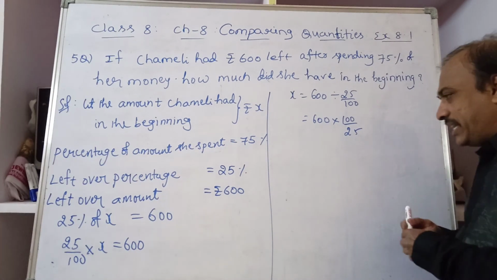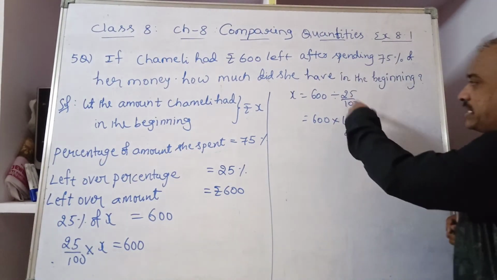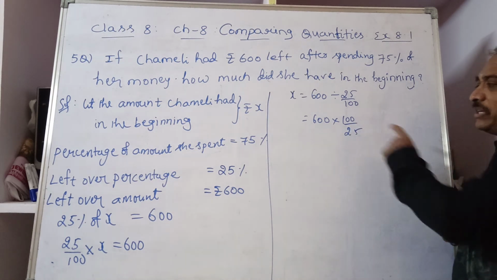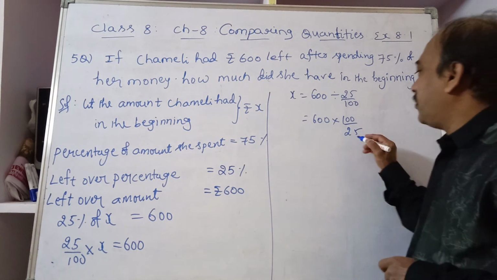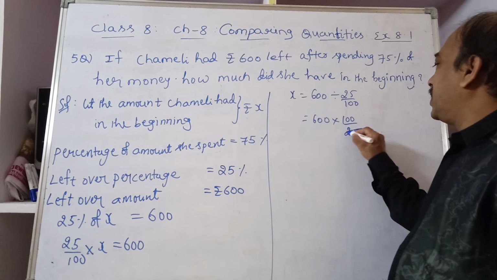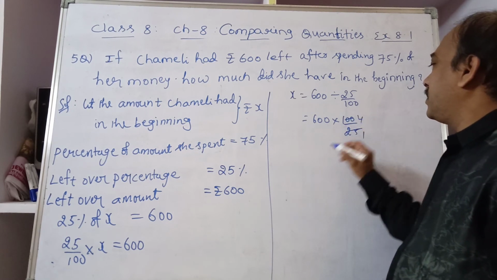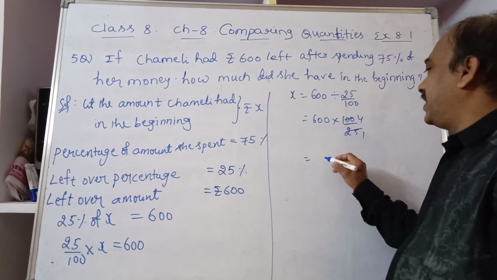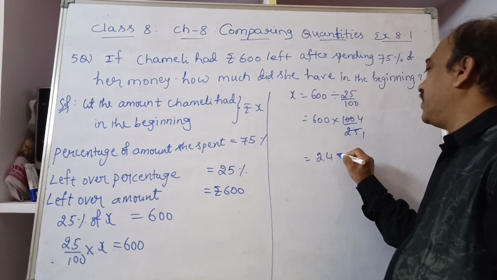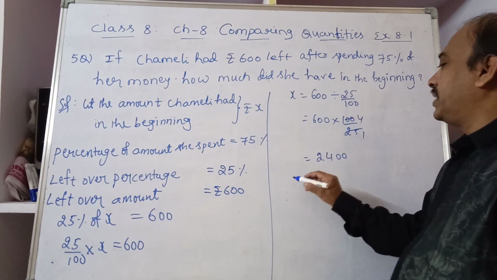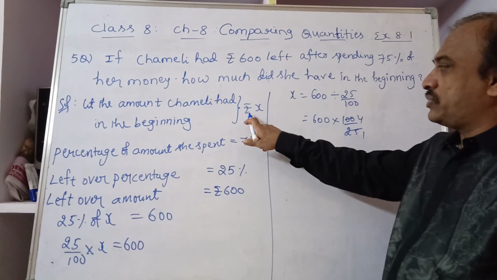Now 25 ones are 25, 25 fours are 100, so it is 600 into 4. 6 fours are 24, so 2400.